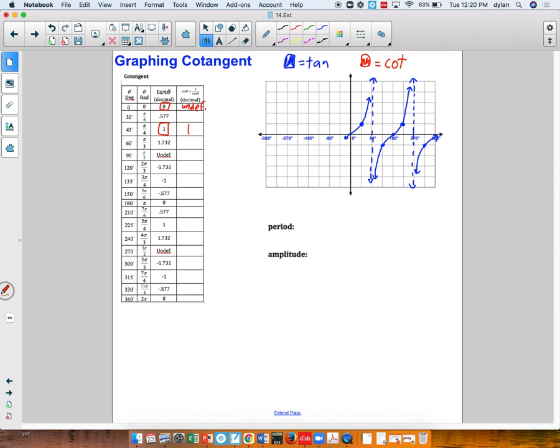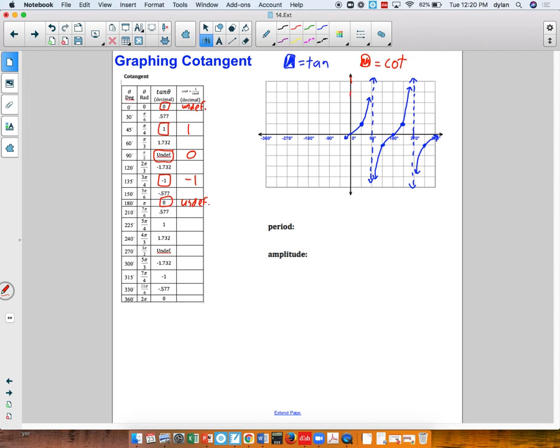Where we have an undefined for tangent, we're going to have a 0 for cotangent because it's the reciprocal. And that would be 5 key points, remembering that when we do our 5 key points, tangent only has a period of 180 degrees. So I've actually drawn on here 2 cycles of tangent, and I'm going to draw in 2 cycles of cotangent as well, just so you can kind of see how this looks.